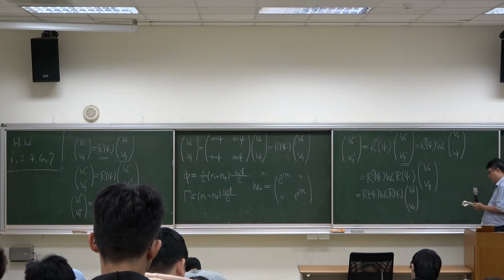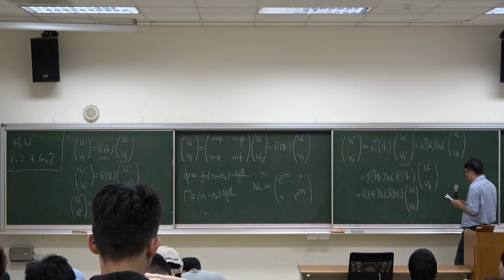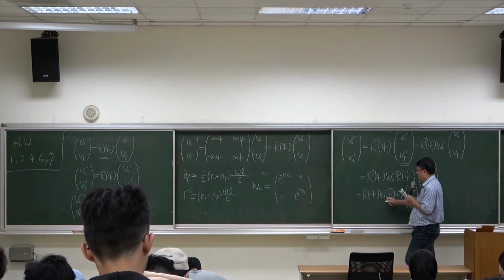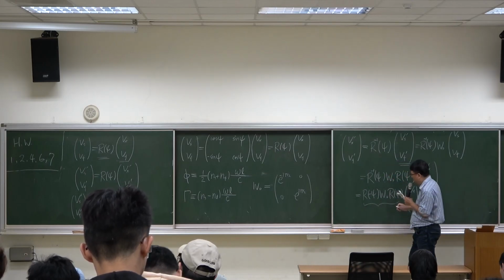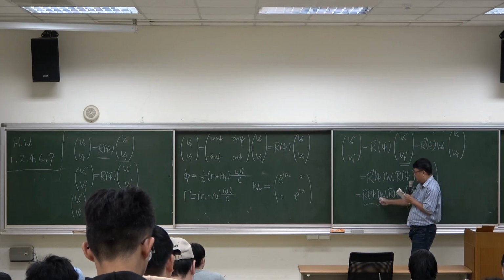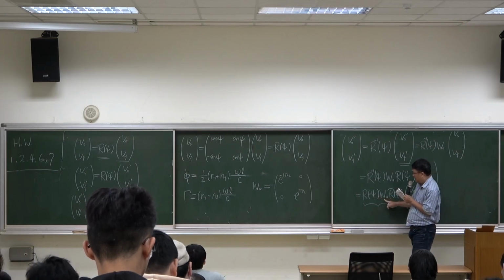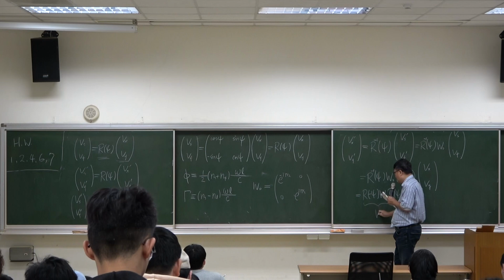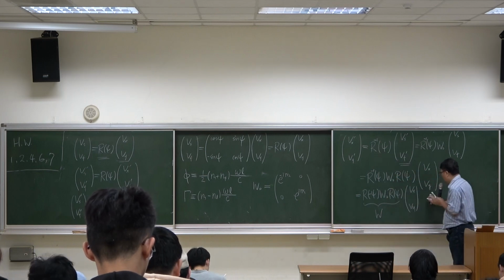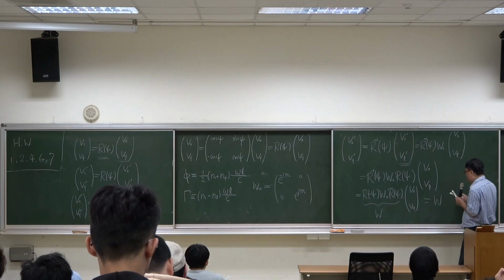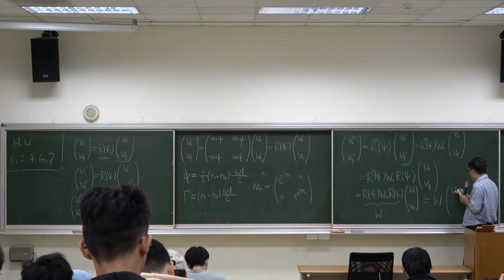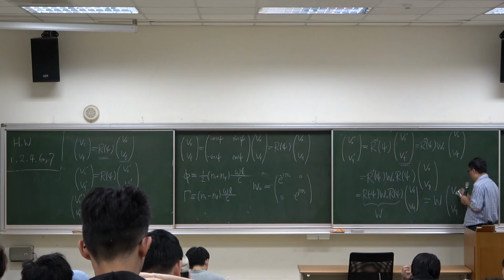Okay. And finally, I can define the combination of these three matrices, R minus psi, W0, R psi, as W. So we have W times Vx, Vy.